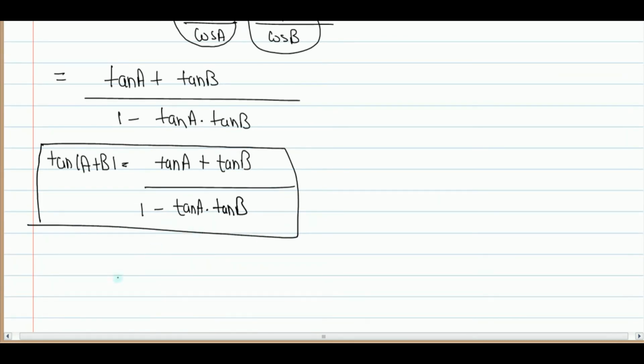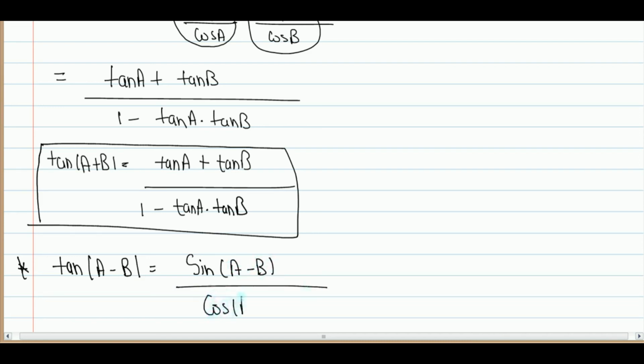So similarly, can you just derive it for tan A minus B? Use the same formula, the same basics. You can write tan A minus B as sin A minus B divided by cos A minus B. Use the same basics of the formula of sin A minus B and cos A minus B, and you will find it out.